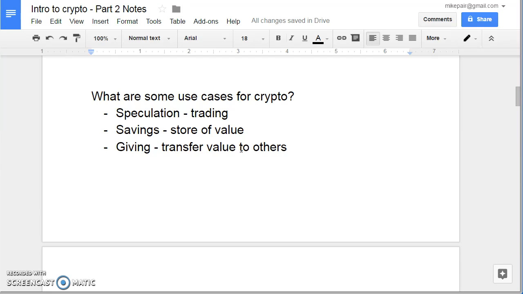Also, you can give crypto or send value to others, transfer that value. This is a use case a lot, particularly for people that are working in one country and may have family in another, and they send money back home to family members in the other country. That's referred to as remittance.